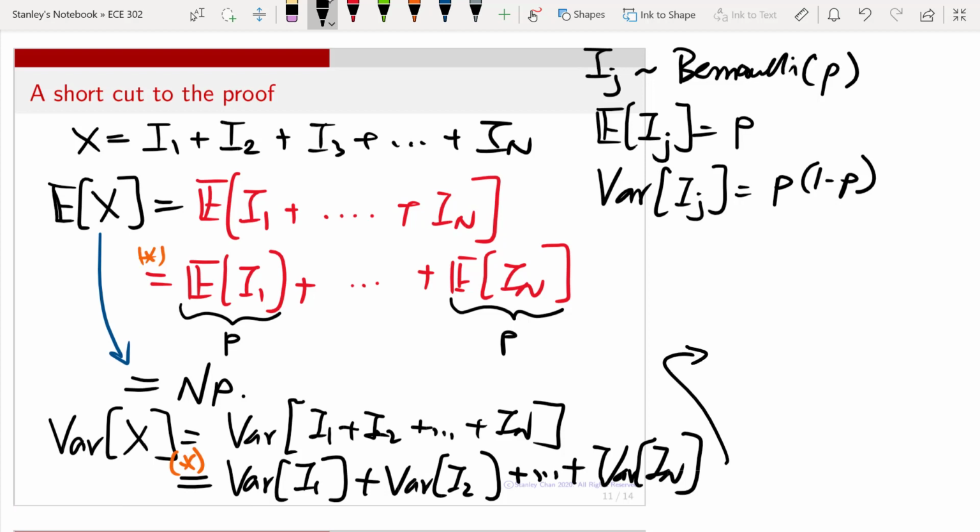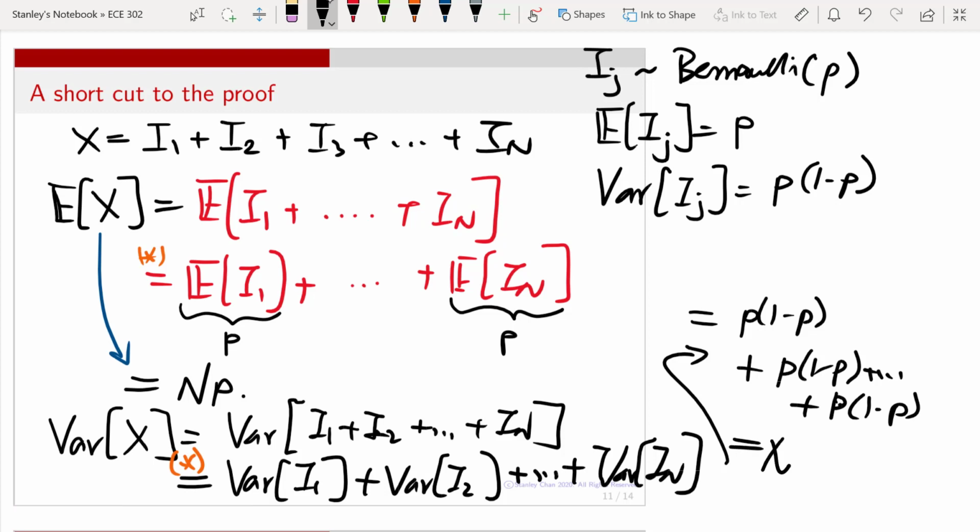That will give you p times 1 minus p, plus p times 1 minus p, plus ... plus p times 1 minus p. When you sum everything up, you will have n times p times 1 minus p.